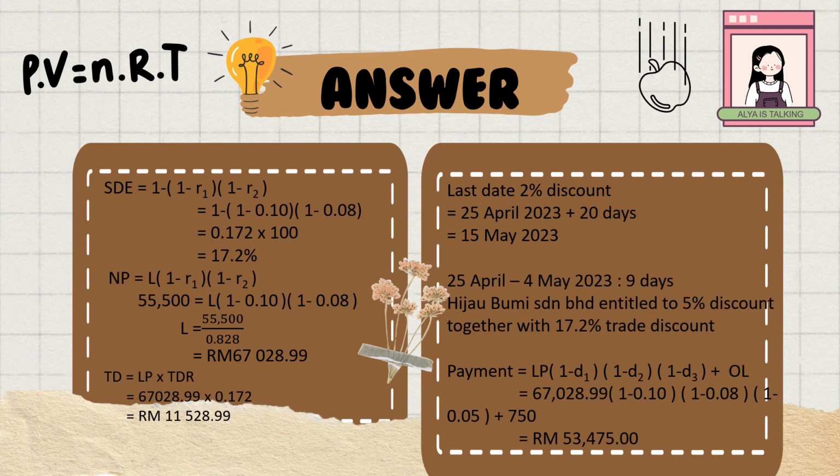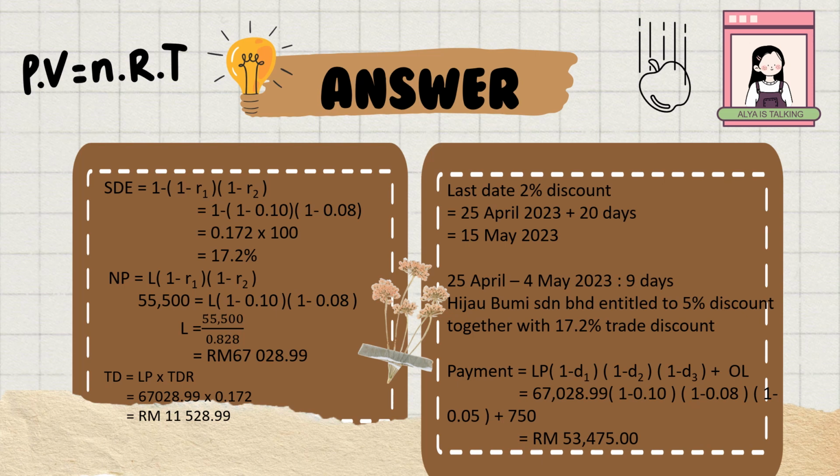So, Hijau Bumi Sendirian Berhad is entitled to 5% cash discount together with 10% and 8% trade discount rates. To calculate the full payment, we use the formula payment equal to list price times 1 minus trade discount rate times 1 minus cash discount rate plus other costs.